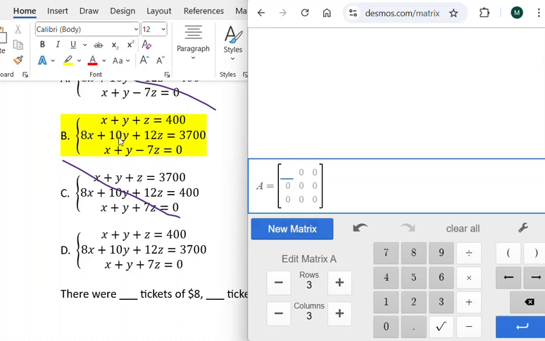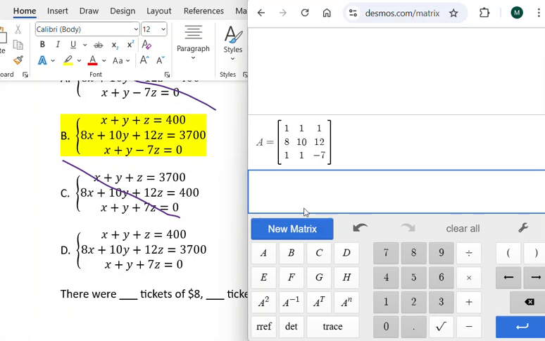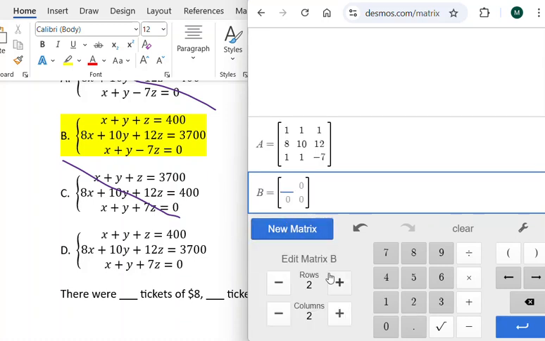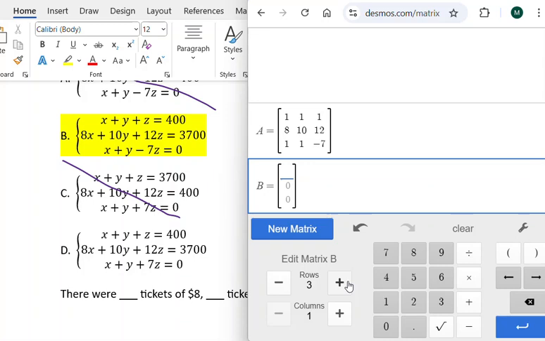We have 1, 1, 1 for the first row. We have 8, 10, and 12 for the second row, and 1, 1, negative 7 for the third row. And then for my constant matrix, we have 1 column, we have 3 rows, 400, 3,700, and 0.